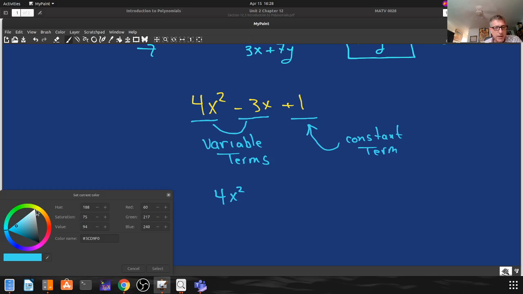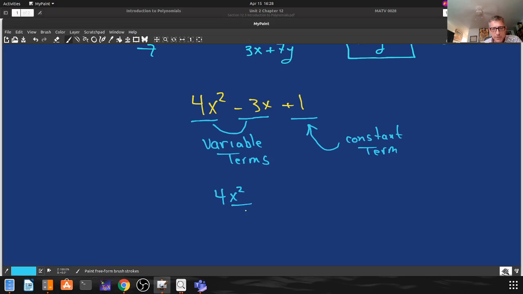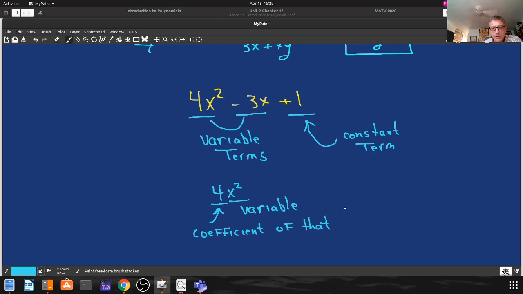They are made up of the variable and some multiple of that variable, which is called the coefficient of that term. So a lot of stuff I'm hitting you with, it's not really hard, but let's again look at this.